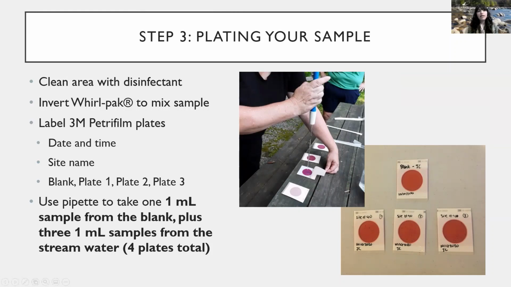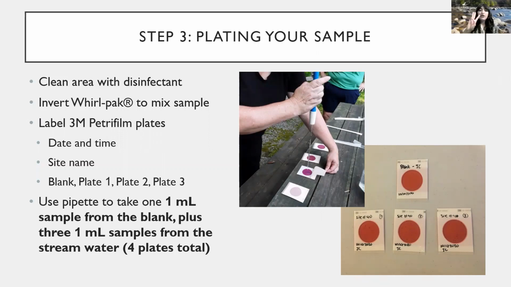These are plates that have a special medium on them that is designed to detect E. coli colonies. These Petrifilm plates must be kept in a cool place, and they also have an expiration date on them, so you'll want to make sure that they're not past that expiration date.